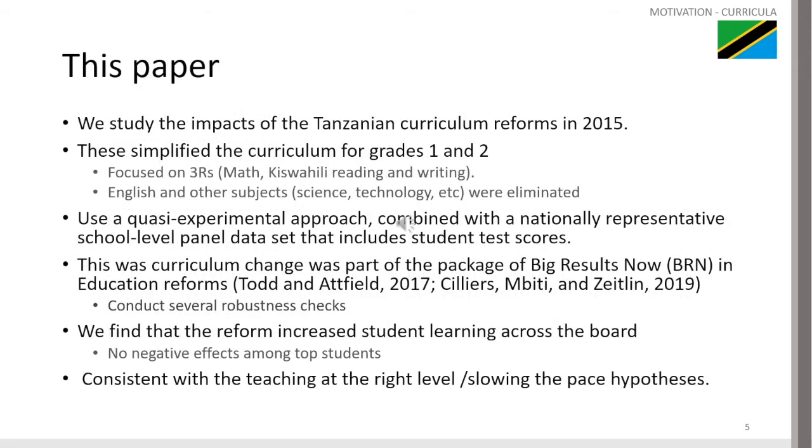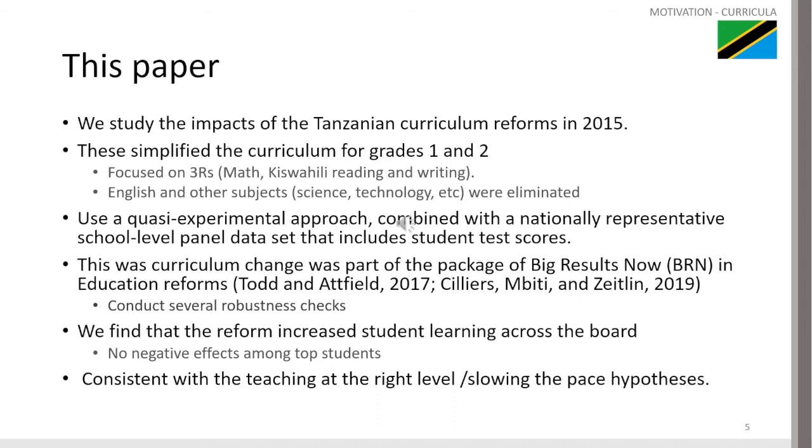So what do we do in this paper? We are going to study the impacts of curriculum reforms in Tanzania. So in 2015, the government made some changes where they simplified the curriculum for grades 1 and 2. Very briefly, what they did was essentially focus on reading, writing, and arithmetic in math and Kiswahili.